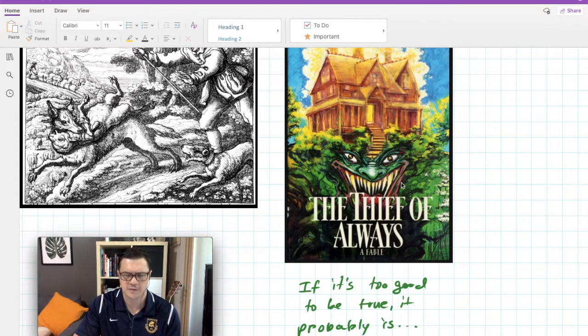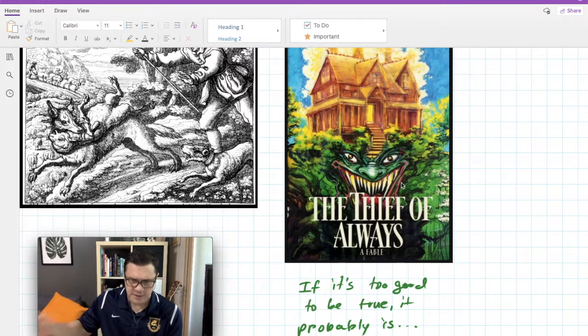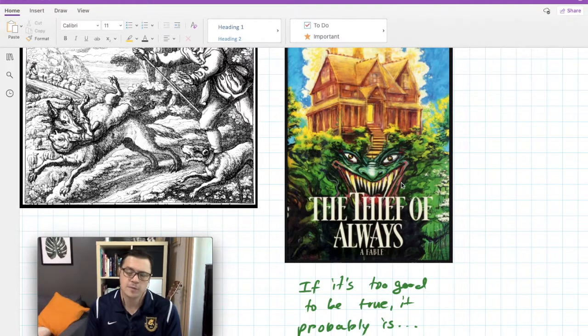So in those cases, what I think we'll see through the book is that it probably is. And my expectation from here on out is that this book is going to take a turn, because so far we've learned about all the great things that happen in the house. I'm expecting things to go sour quite quickly.